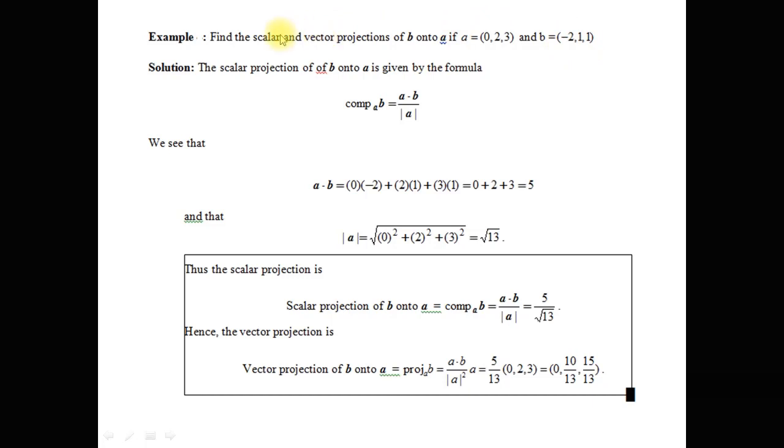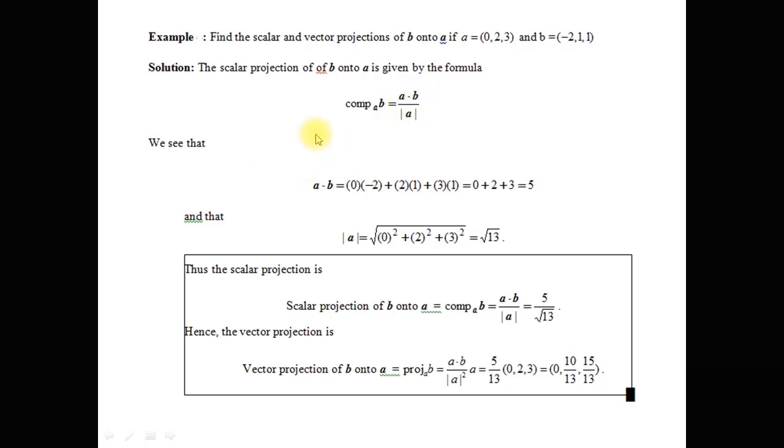To find the scalar projection and vector projection of B onto vector A, the scalar projection of B onto A, the component of B along A, is given by the formula A dot B divided by A magnitude.